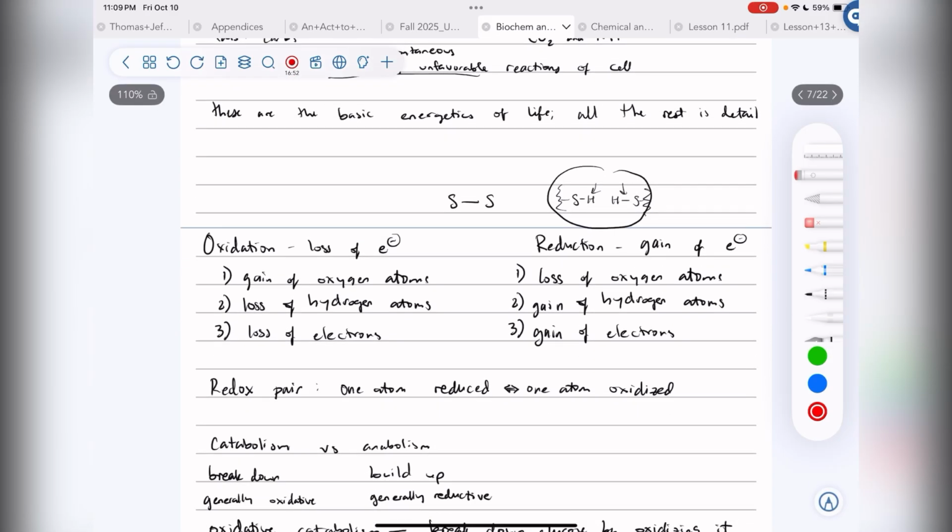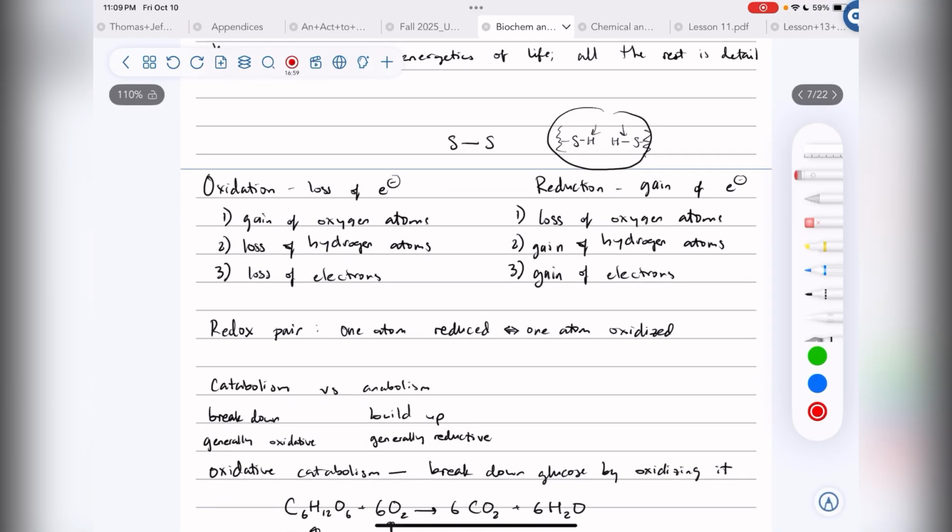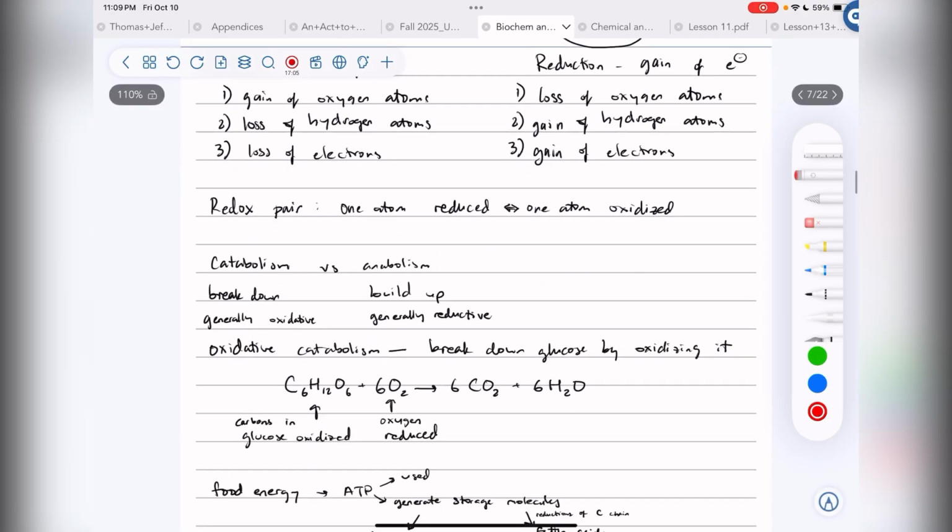That's where energy is being stored. So that's building up bigger molecules to store energy. That's anabolism. Anabolism is building up, and it's generally reductive. And then catabolism, we break something down, and that's an oxidative process.